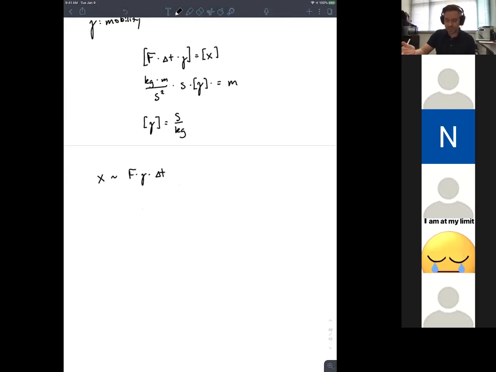If you look at this combination of force times the mobility, gamma, this must be some kind of speed, because speed times time gives you distance or position. So force times mobility, F times gamma, is a speed, and this is what we call the drift speed. Is everybody with me so far?